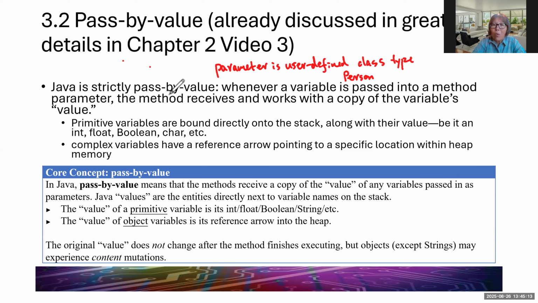We also discussed this in great detail in the last lecture. We already know Java is strictly pass by value. A value is passed into a method, so the method receives and works with a copy of the variable's value. Based on this, because it's a value, you will not be able to modify it.